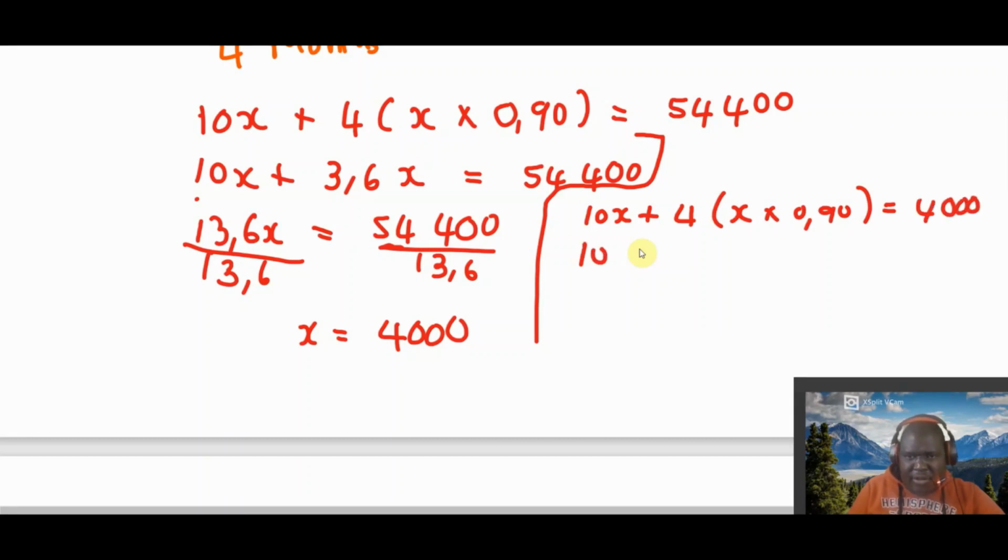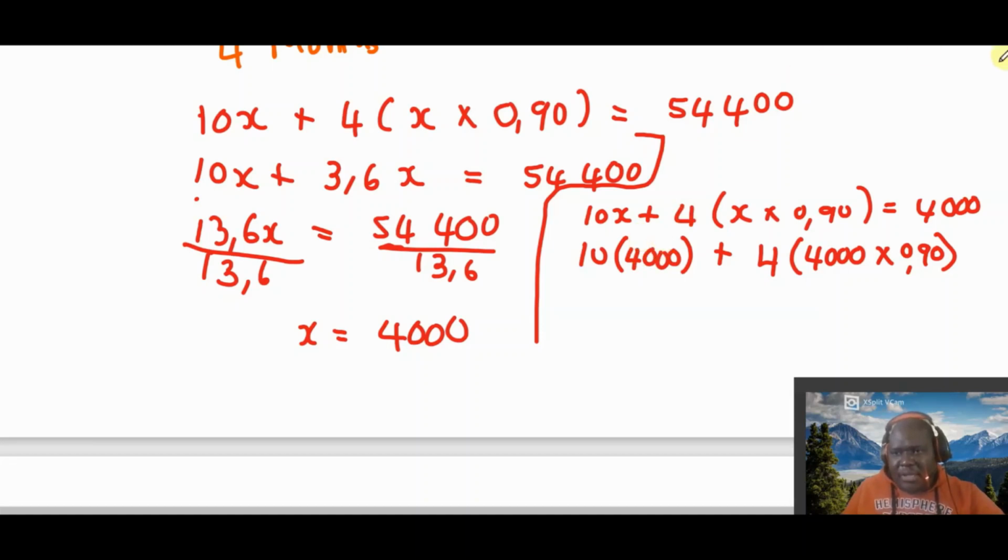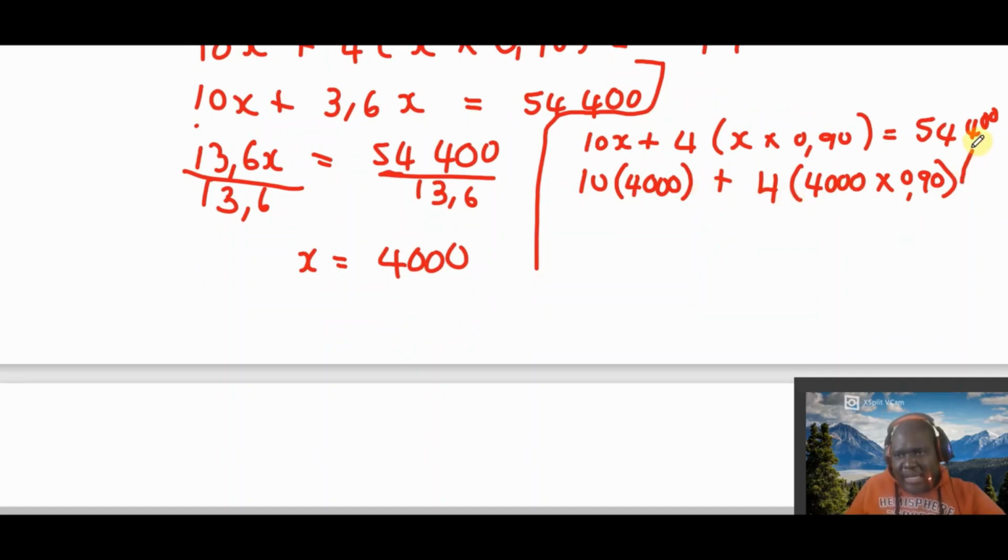So then it will be 10 into 4,000 and then plus 4 into 4,000 times 0.90. So this is supposed to be 54,400, not 4,000. Okay, so this is what we're supposed to get here.